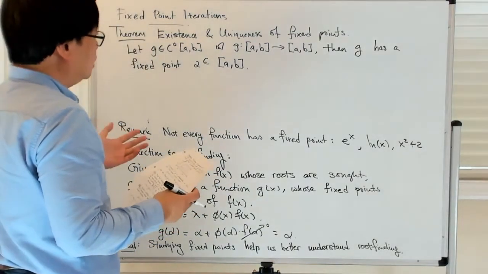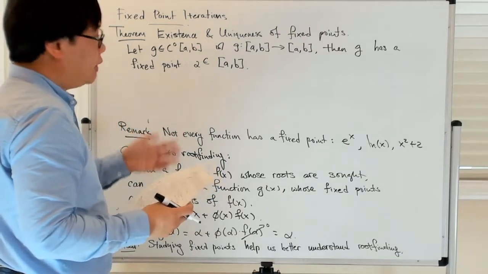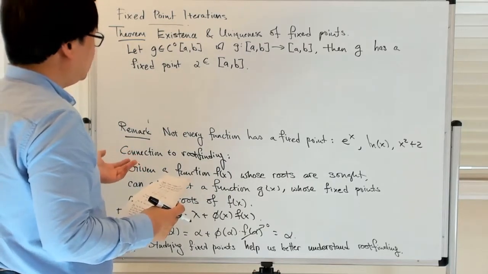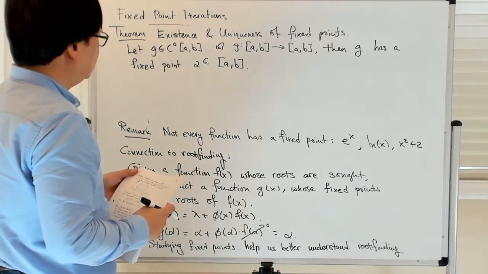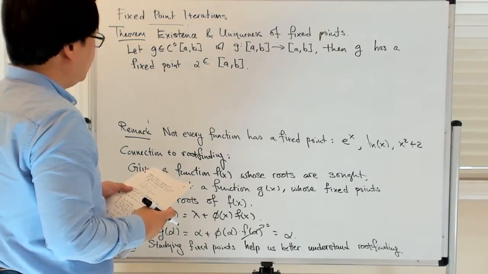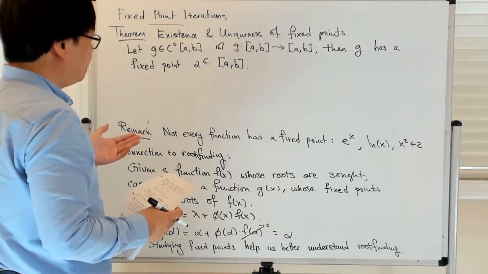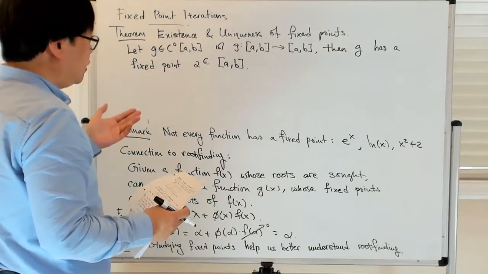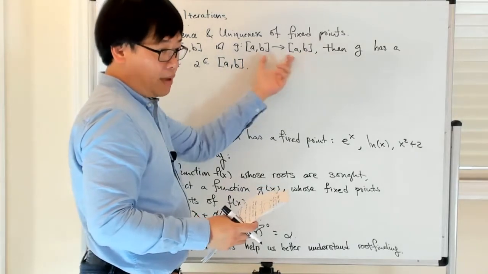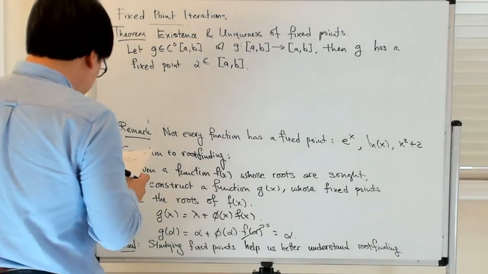And so if g of x minus x is 0 on either end, then you're done, basically. And it's not possible for g minus x to have the same sign on both ends because of the way the interval maps to itself. Okay, so that's the observation.